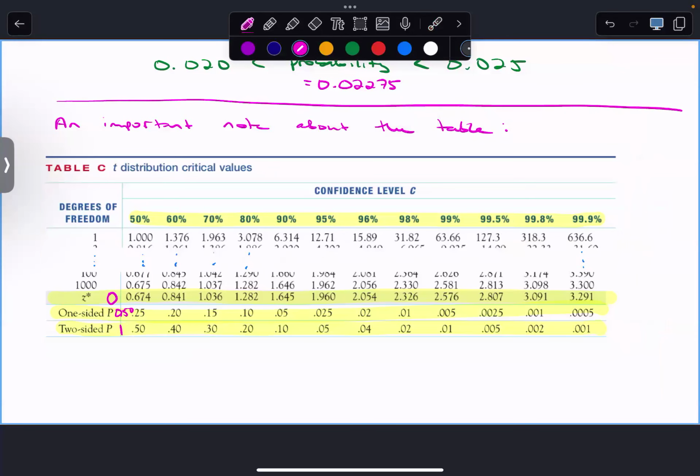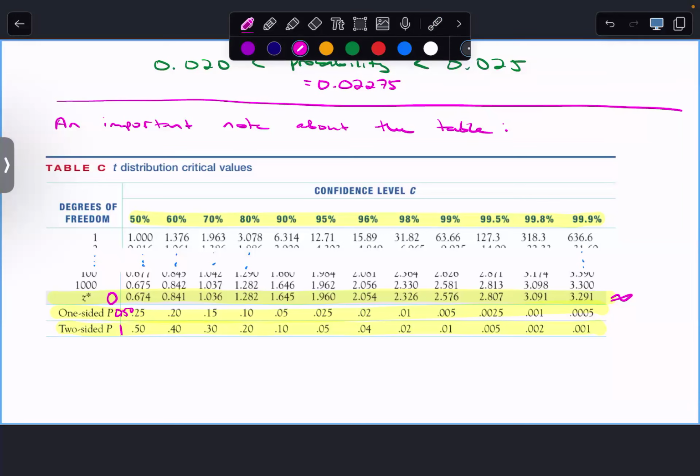Once you're past 3.29, the next stop is infinity. That's okay, because they reached a Z of 3.291, and they found the area in the tail is 0.0005. That's very, very small. So at that point, who cares? It's highly unlikely. The probability is small, good enough. And even in two tails, it's very small.